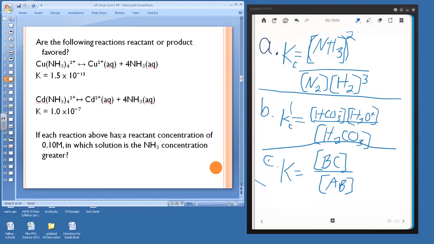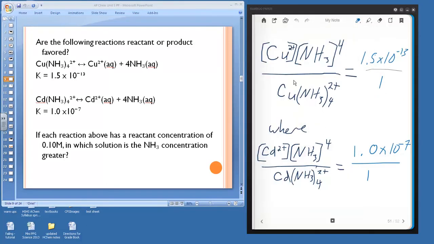Now where that can get tricky to understand, and I've got a diagram of this on this next page here. If I wrote the equilibrium expression for both of them, both reactions look very similar. But again, it's saying for every one CuNH3,4 I have, for every one reactant, I have 1.5 times 10 to the negative 13 products.